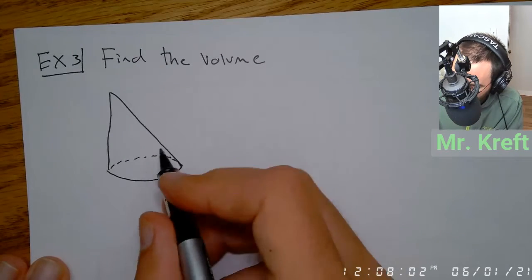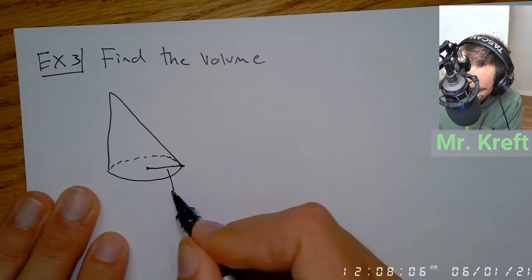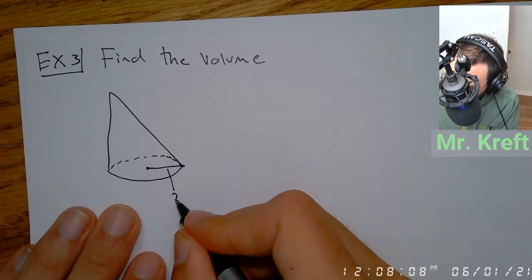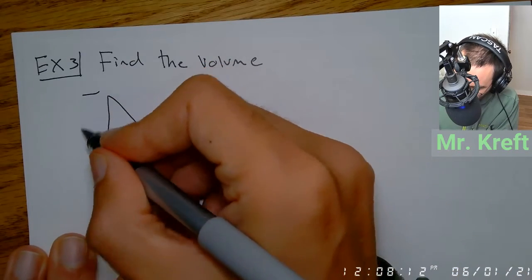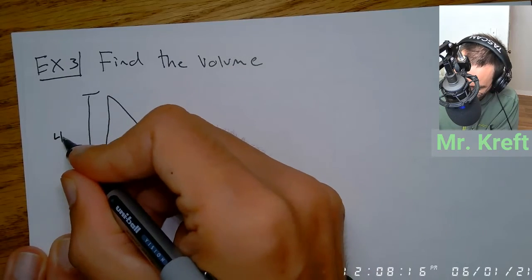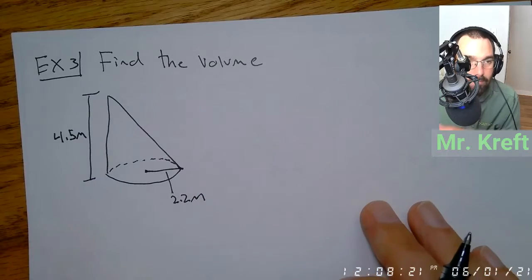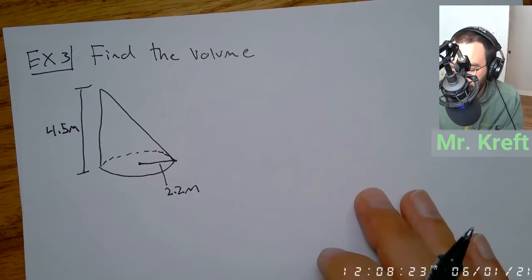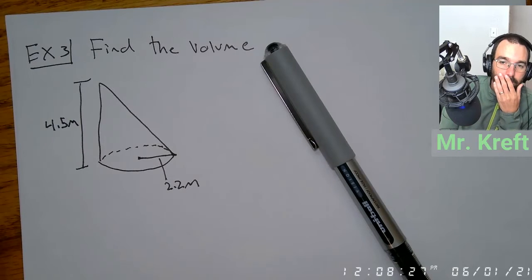So let's take a look. In this case, this is going to be 2.2 meters, and the height is going to be 4.5. That's all the information we get. So copy that down real quick.